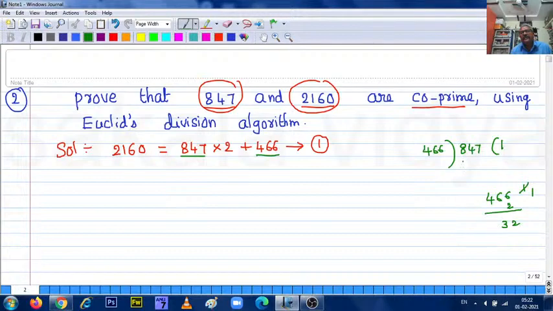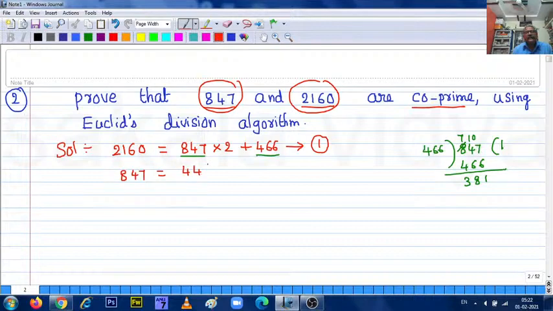So 466 one time is 466. Subtract. So you get 381. That means 847 can be written as 466 multiplied with 1 plus 381. Say this is equation 2.